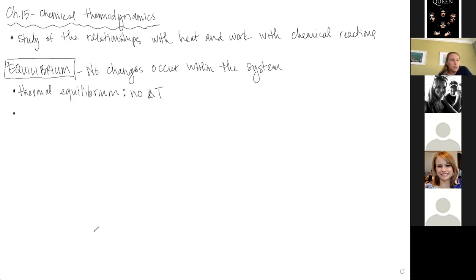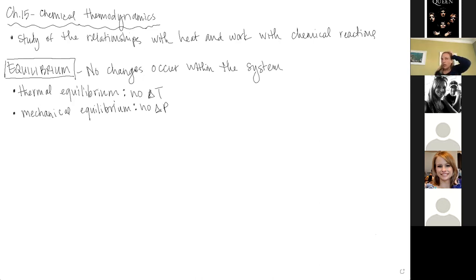Anybody know any other ones? Pressure equilibrium, yes, but we don't call it pressure equilibrium. We call that mechanical equilibrium. Mechanical equilibrium is when there's no change in pressure, so no delta P. So this is something like a throttling system or a gravity-fed turbine where we have no occurring change in pressure.